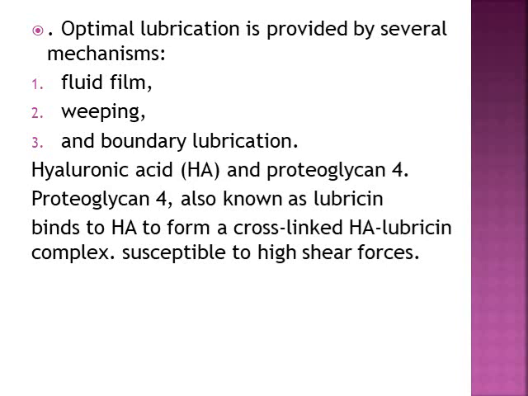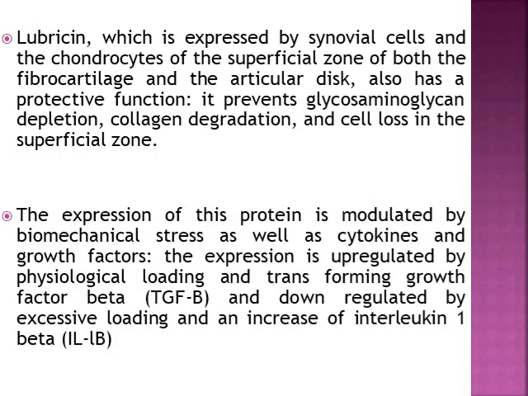This complex is highly cross-linked and resistant to high shear forces, acting as a protective layer. Where does the lubricin come from? It is expressed by the synovial cells and the chondrocytes of the superficial zone of the fibrocartilage and the articular disc.